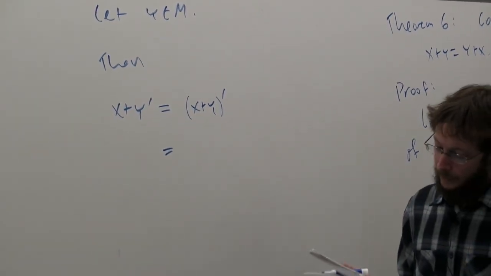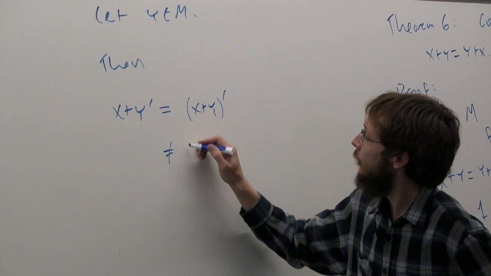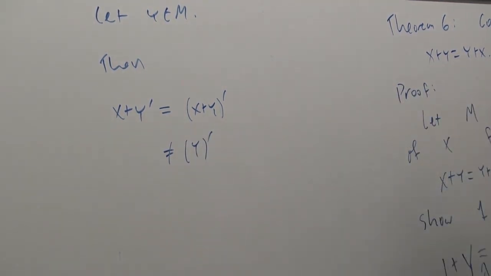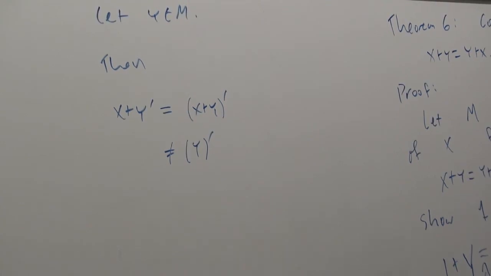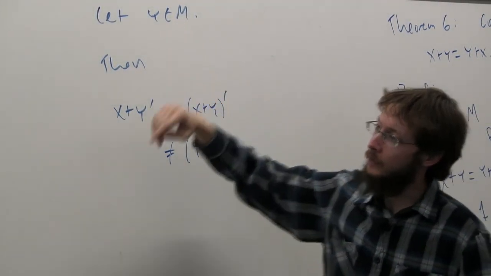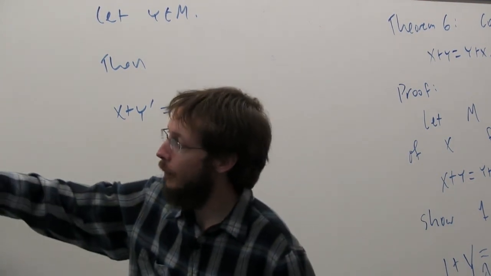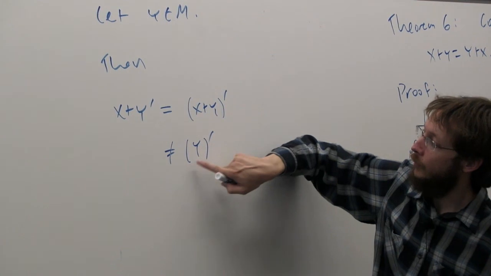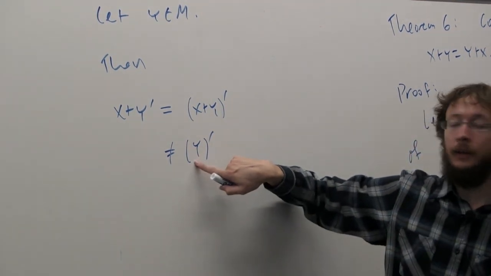And this is not equal to y successor. Right, because we said let y be anything in M. What that means is that when you add it with x, it's not going to give you y back.